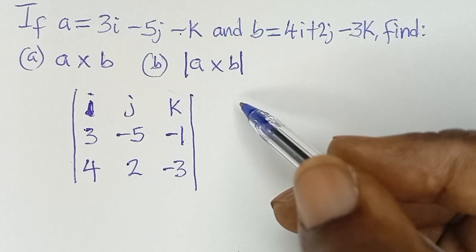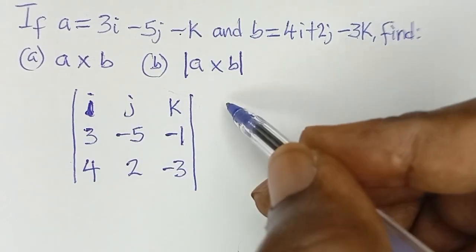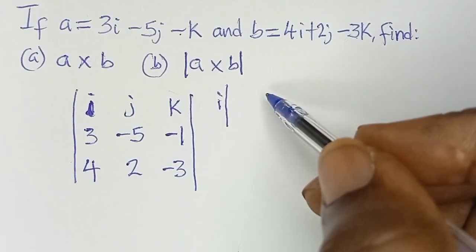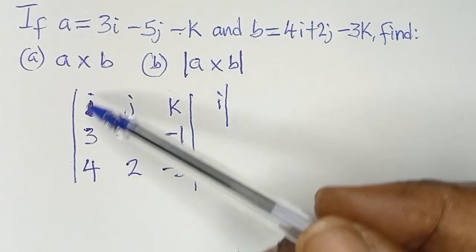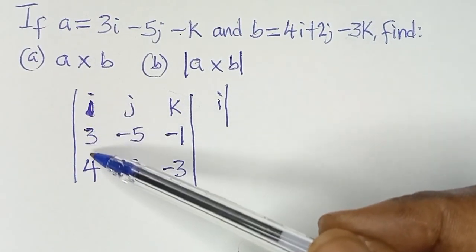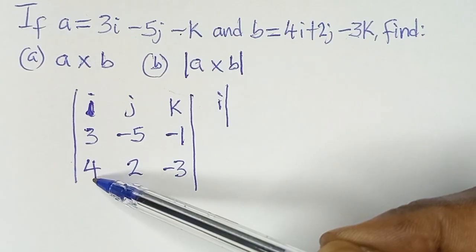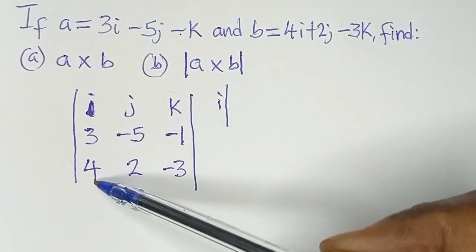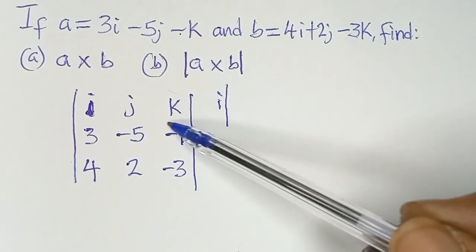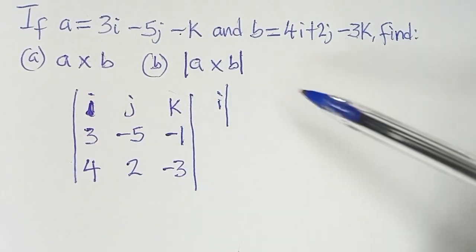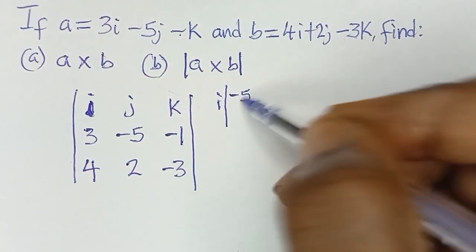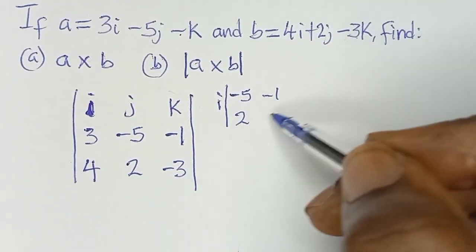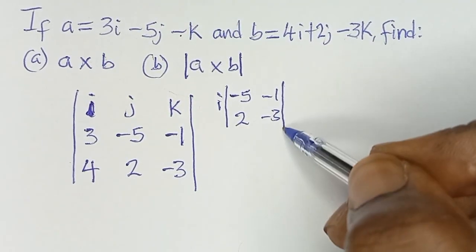In order to do that, I'll take this first letter here, which is I, and then I draw a line. By the time you take this letter I, this column and this row will be ignored. So you ignore this column and you ignore this row, and then you take these values down. So I have negative 5 and negative 1, and then 2 and negative 3.